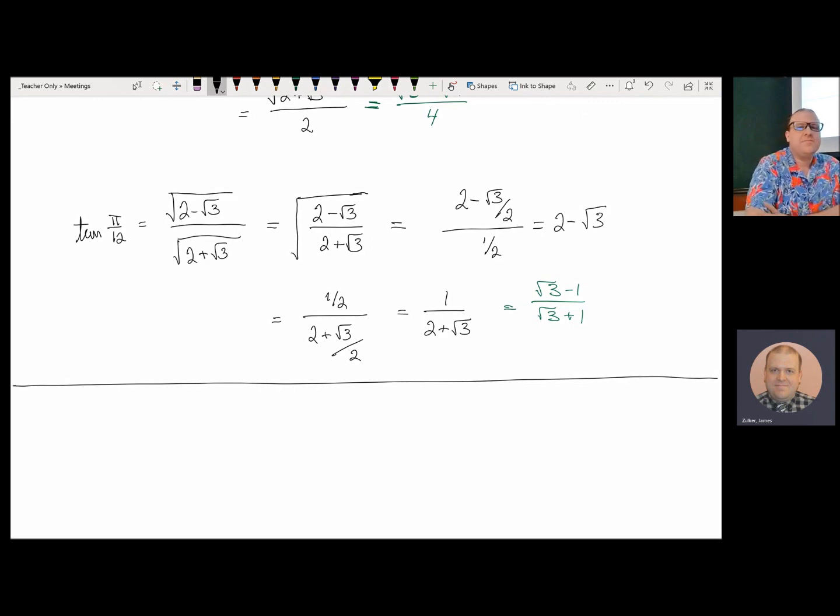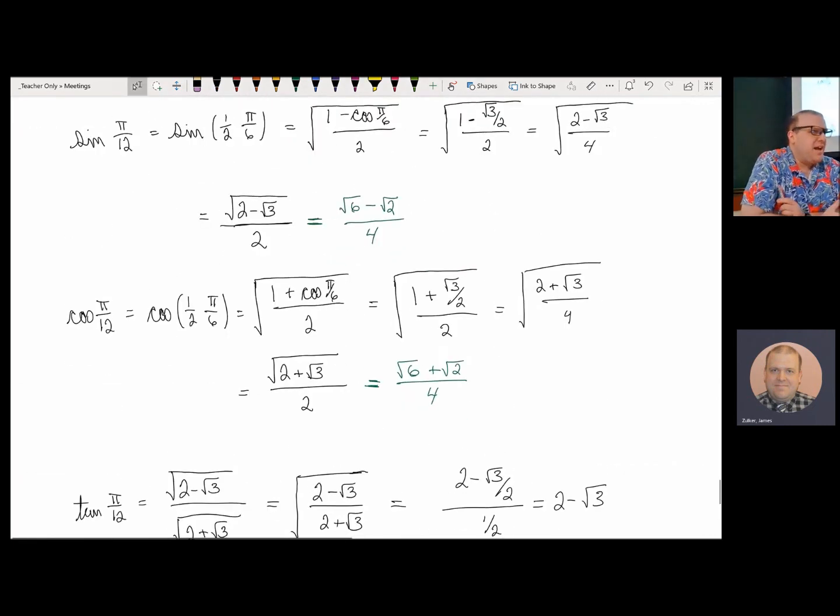And then, of course, 5 pi over 12. You should know what they're gonna be off the cuff. Sine of 5 pi over 12 is cosine of pi over 12, because it's the cofunction identity.